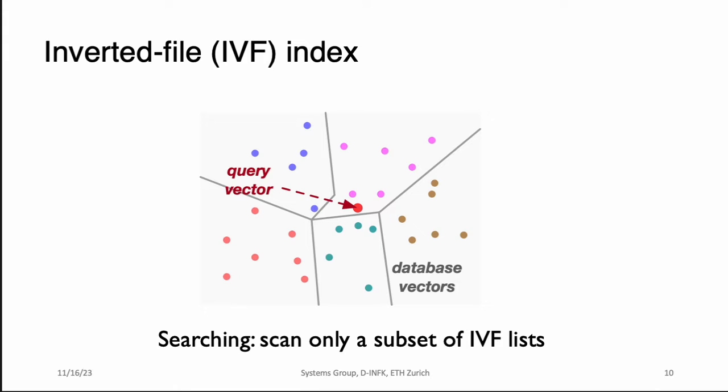Then, given a query vector, instead of scanning the entire space, I just need to scan a few subspaces that are close to the query vector. In this case, we start from the closest IVF list, and I can also gradually expand the search space, and the search space here is another parameter that we can tune. Of course, the larger the search space, the higher the chance we can find the true nearest neighbors, but also the higher the cost of the search.